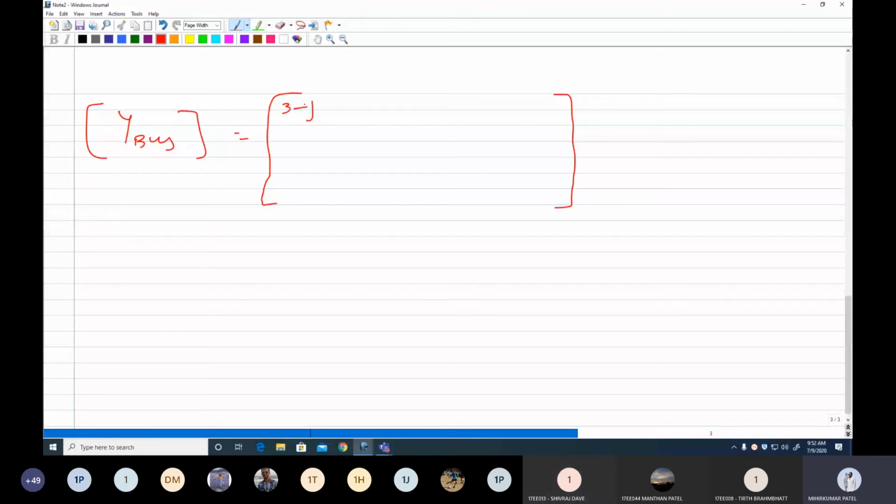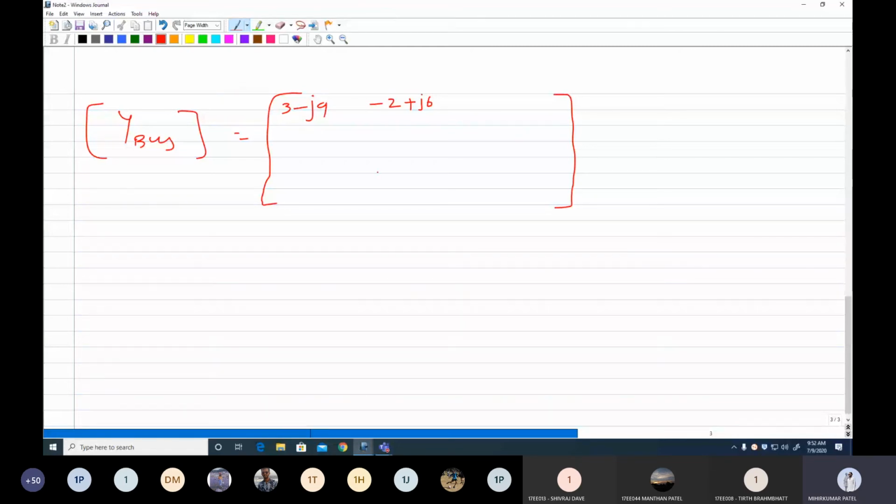Then the value of y12 is the negative of your y12, that means minus 2 plus j6.